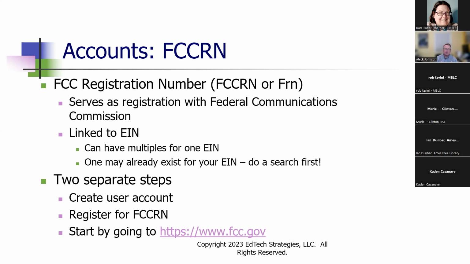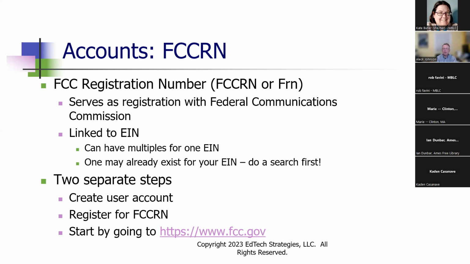Depending on how your library is set up, you may already have an FCC registration number, either under your library or potentially under any other entity that also shares your EIN. For example, if your library uses the same EIN as the town, the town may have an FCC registration number already, which you could potentially use.